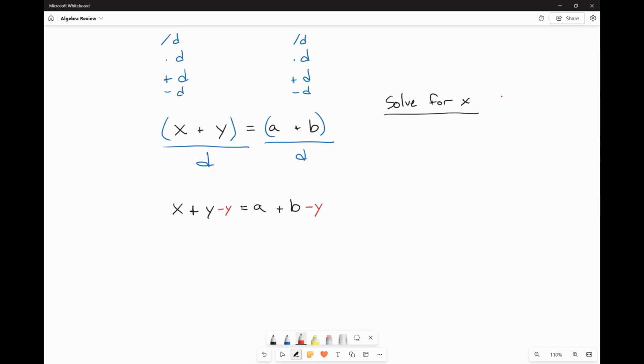Then y minus y is 0, so that would get x alone on this side, equals a plus b minus y. There we go. We have now solved for x by subtracting the same thing from both sides.